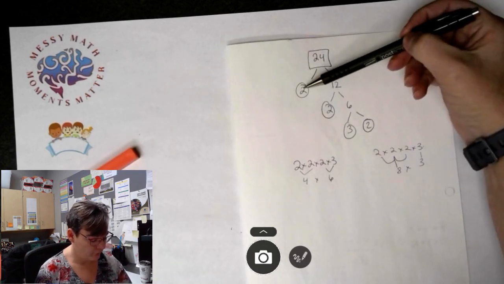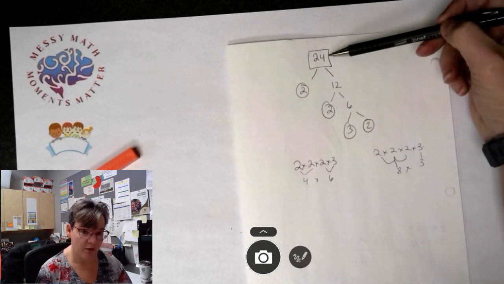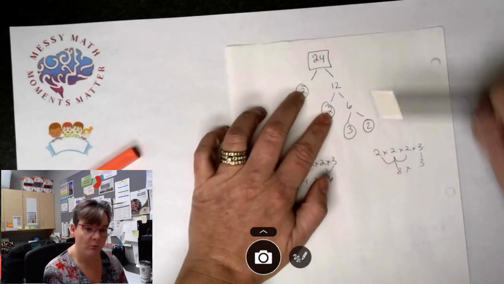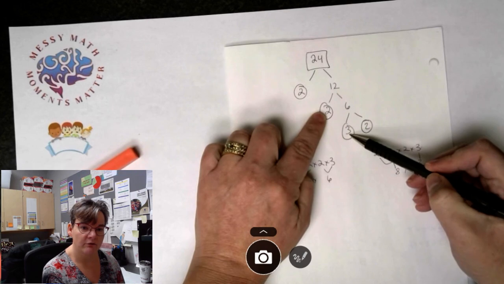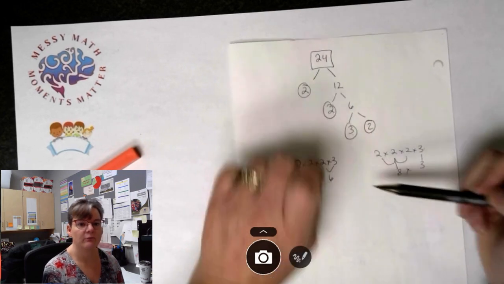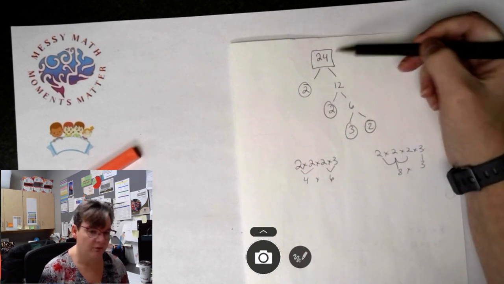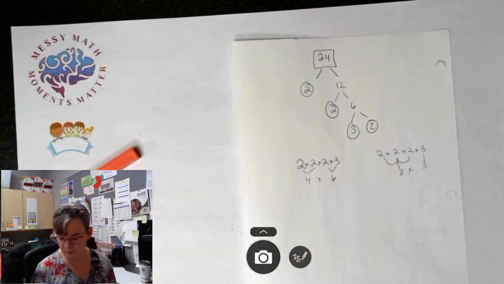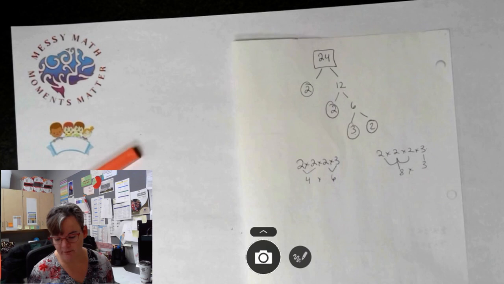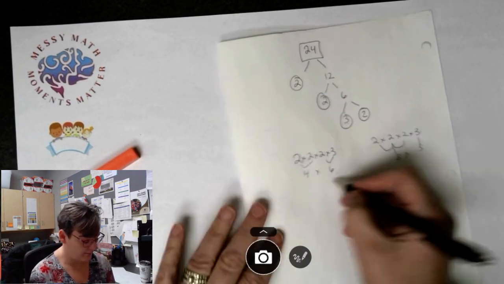So I've got 2 will divide into 24, 3 will divide into 24, 4 will divide into 24, 6 will divide into 24, and 8 will divide into 24. A factor tree will give you an opportunity to figure out all of the possible factors of 24. So let's go ahead and see if we can figure out what that would be for 96.